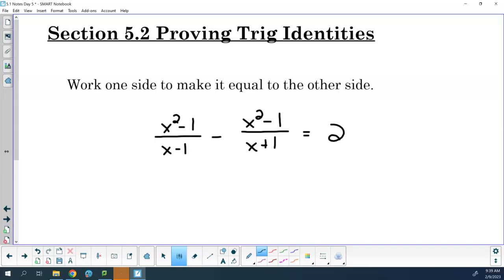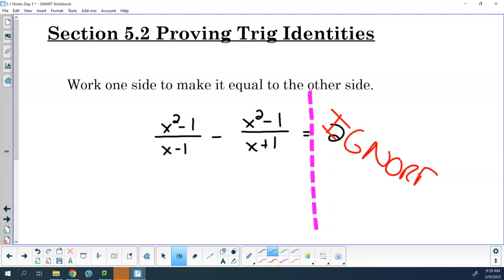Well, which side can I do more stuff with? Left or right? We can do more with the left side. So we're going to ignore this side and only work the left side.